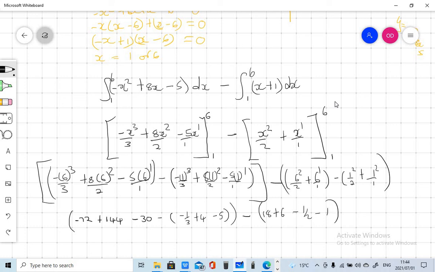Okay, so we're just going to simplify that now. Minus 72 plus 144 minus 30 is going to give you 42. So this is in a bracket on its own, and then minus this part: 4 minus 5 is minus 1, minus 1 over 3, so minus 1 in the third.